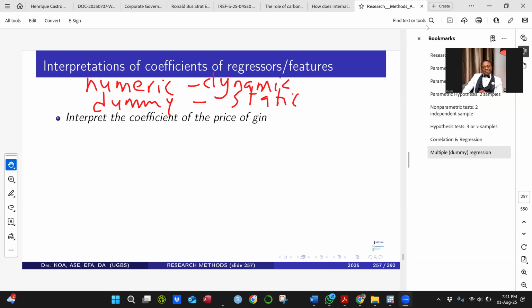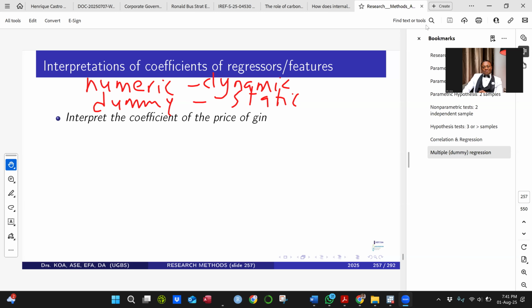Just mention those other factors that are given, that are held constant. Don't say holding all other factors constant. Just mention the factor, because there's a technique to that. So watch something. I'm going to interpret the coefficient of price. Learn from that to do the interpretation of the others.